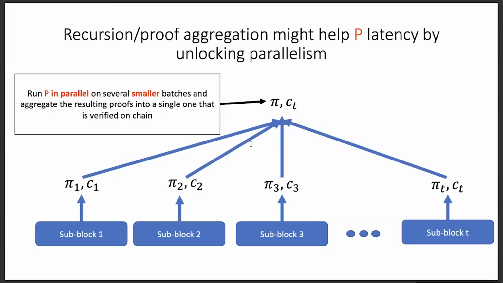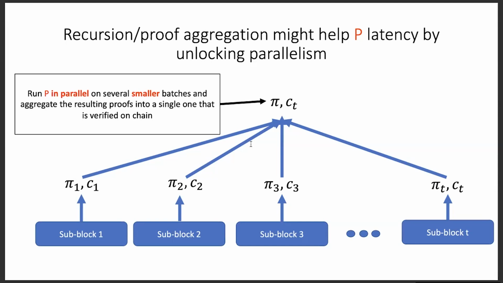The idea is you use the SNARK prover to prove that it knows the proofs pi1, pi2, up to pi t, each of which would have caused the verifier to accept. You take the SNARK verifier for the small batches, represented as a circuit, t times, once for each batch, and then the prover is applied to that circuit to prove that it knows these t proofs that would have convinced the verifier to accept.